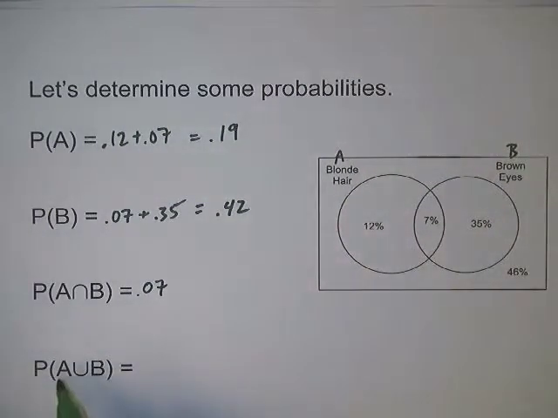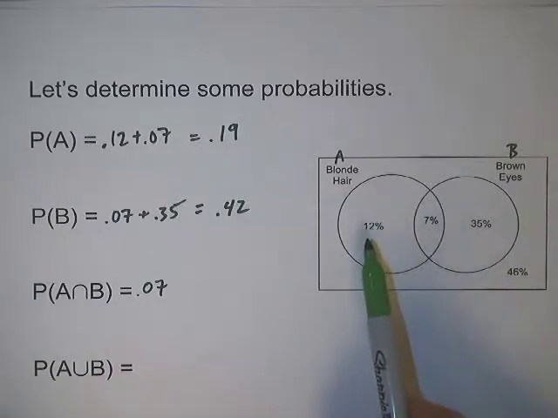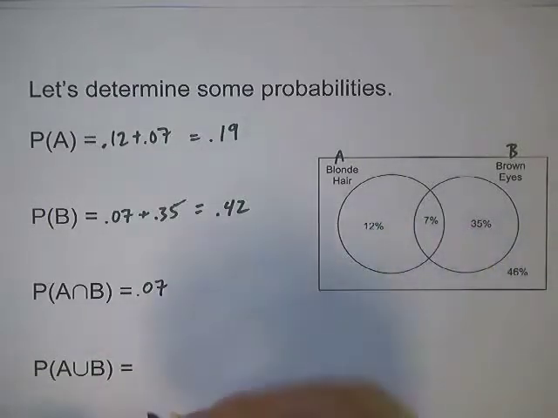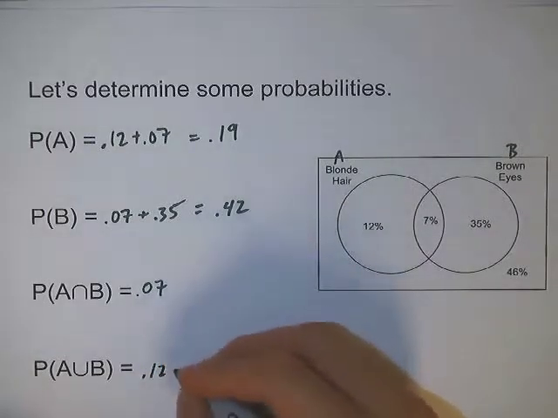Now the probability of A or B, remember the U symbol is or, the union of A and B. Remember that or is an inclusive or, so it also includes this AND probability. So if we want A or B, all we need to do is simply add up the three probabilities in the circles.